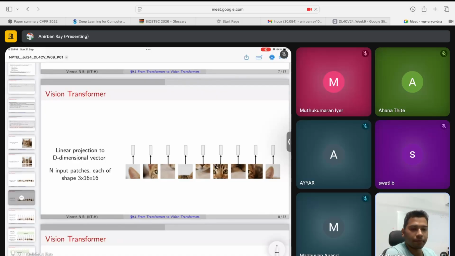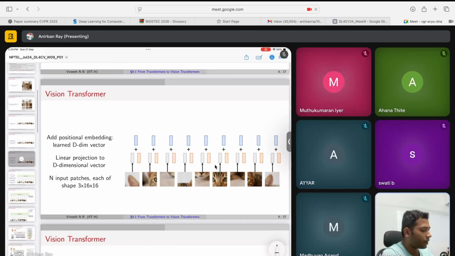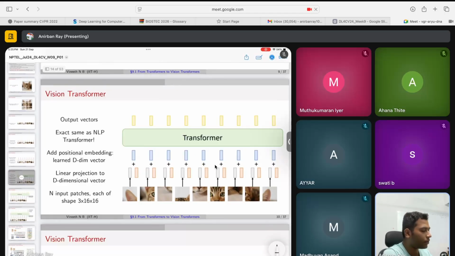They use a linear layer and project each patch into a d-dimensional vector. Some position embeddings, learnable this time, are also added. So we're actually going to the vision transformer domain.